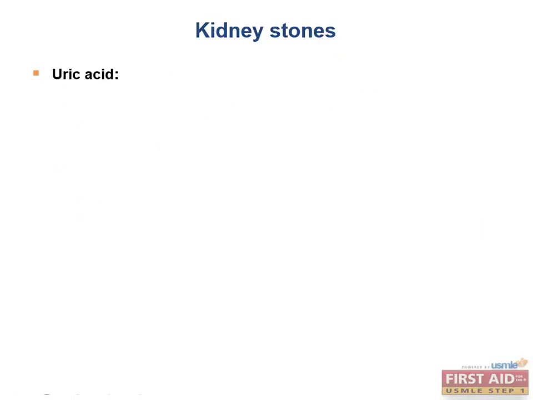Next is uric acid stones. These occur in conditions that increase uric acid excretion, such as gout or leukemia, where there's increased cell turnover and uric acid production due to purine metabolism.